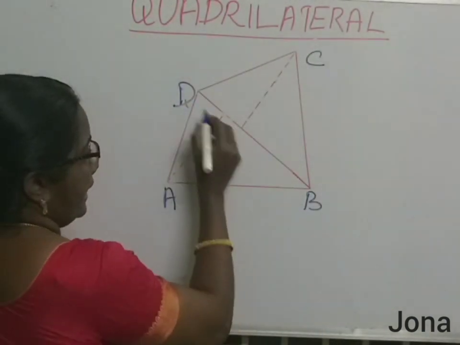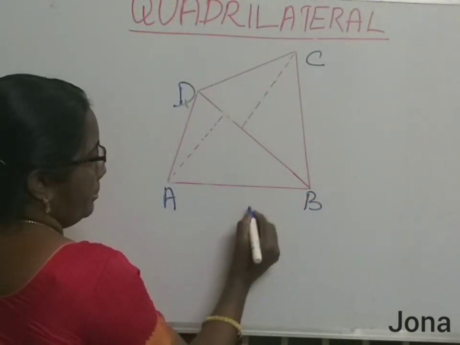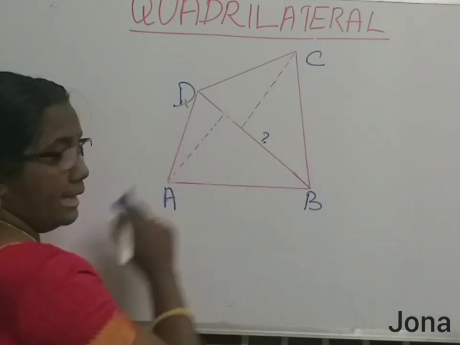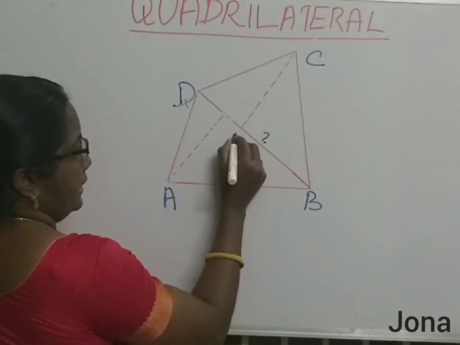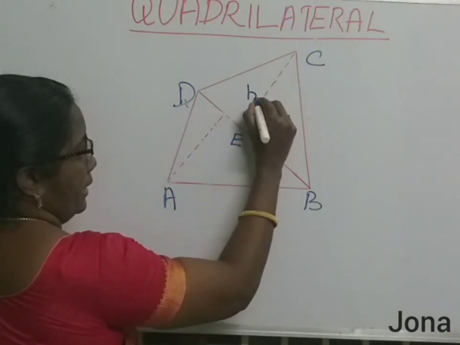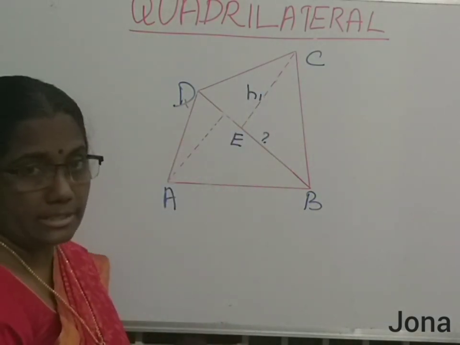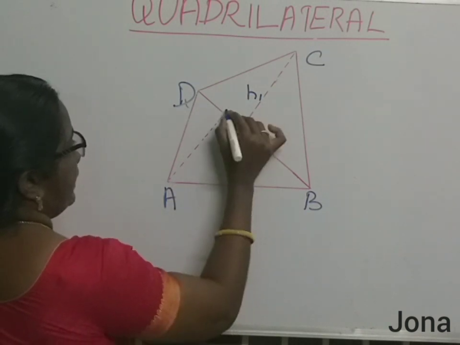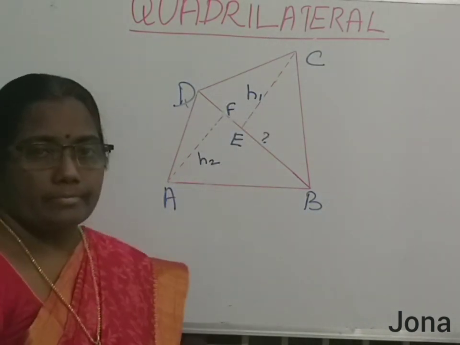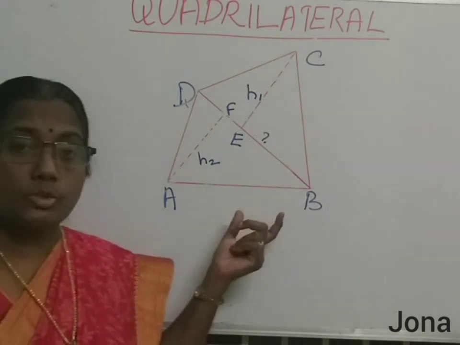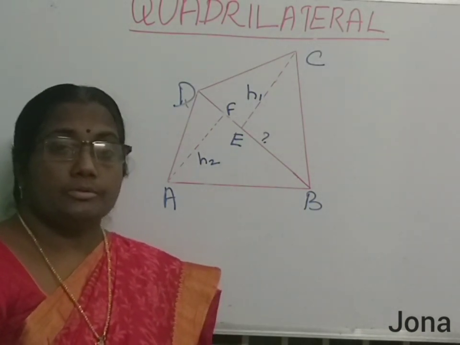In this quadrilateral I have the diagonal BD. BD is the diagonal. And here this CE is H1, I have the height. And AF is H2. A quadrilateral has two heights.